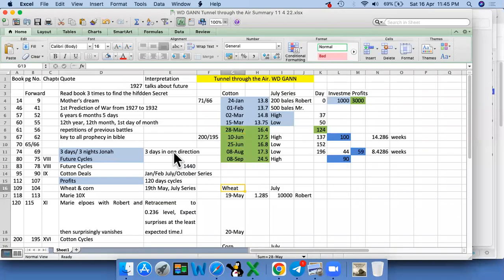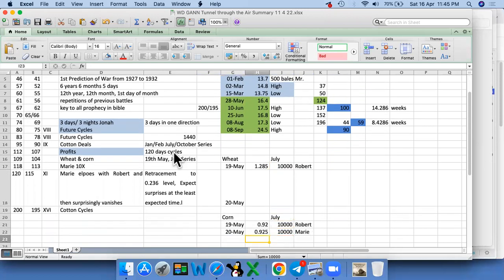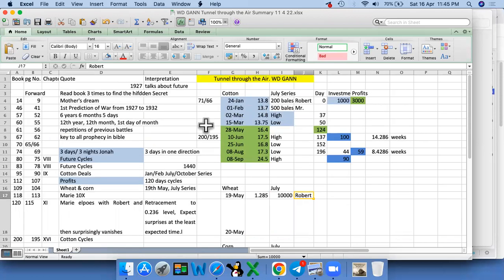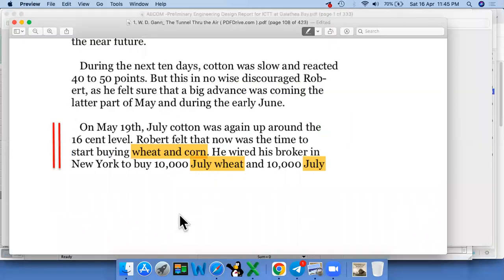So as I told you, he has put down wheat on 19th of May, 1.28 thousand for Robert, and corn was somewhere around 19th of May, 0.92 thousand for Robert. Right, so these three tools have been marked over here just for ease of understanding how things have been working for him and what he has been doing during that time.